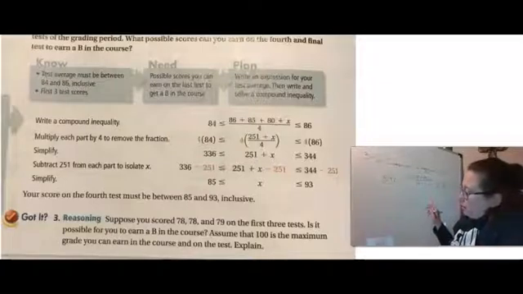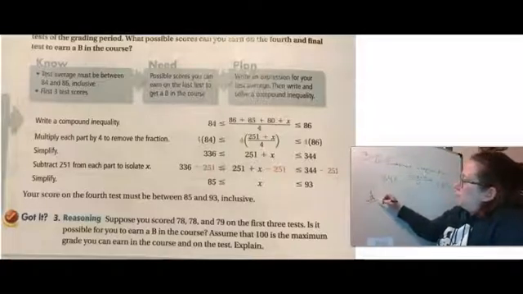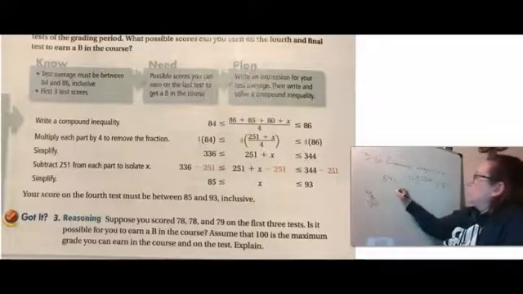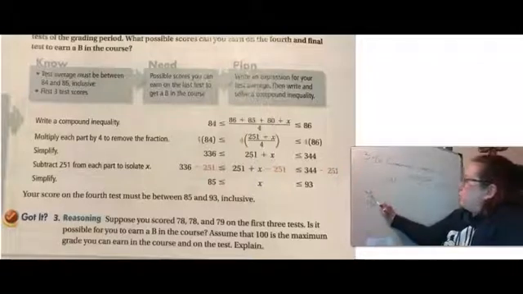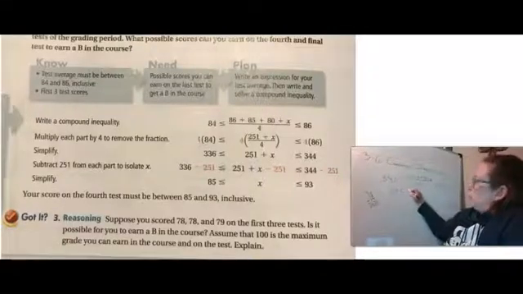So the next thing that we would need to do is add up 78 plus 78 plus 79. And then we know that we are going to have to multiply by 4 everywhere. So we can go ahead and multiply by 4.